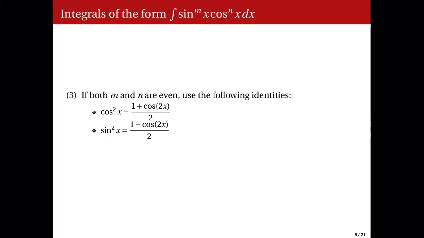So if both powers are even, you convert each of them using these identities. And in the end, you will just have powers of cosine, in fact, powers of cosine 2x.